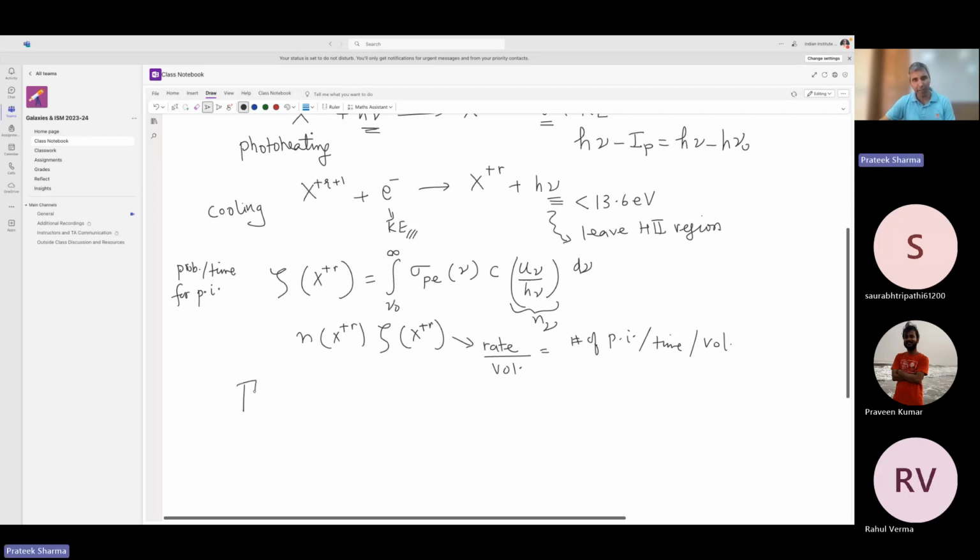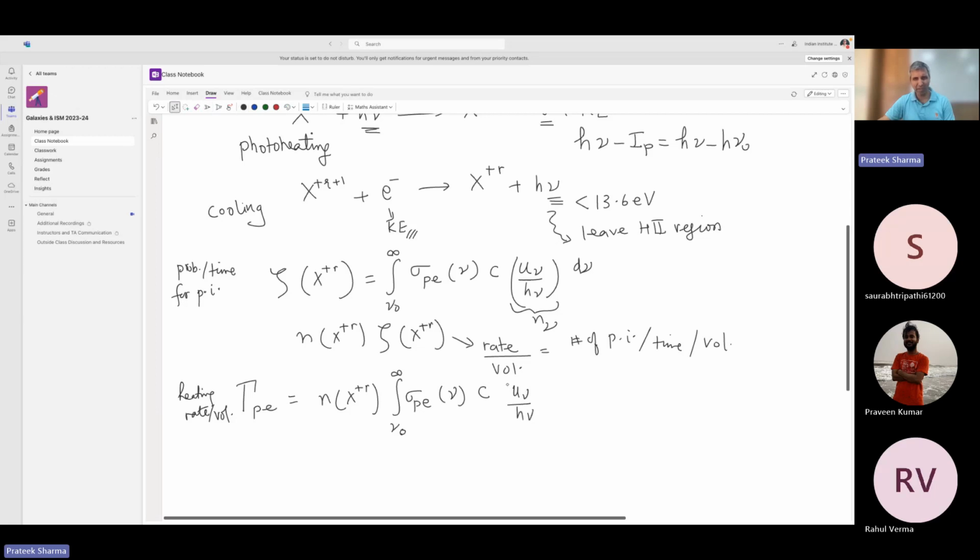This gamma PE, the heating rate per unit volume due to photoelectric heating, is equal to n X plus R times the integral from nu naught to infinity of sigma PE nu times c times u nu by h nu.